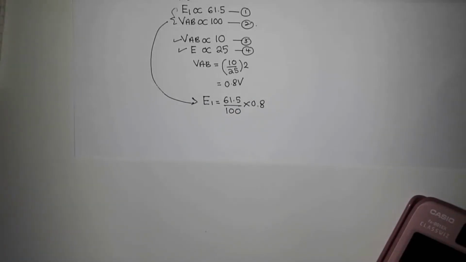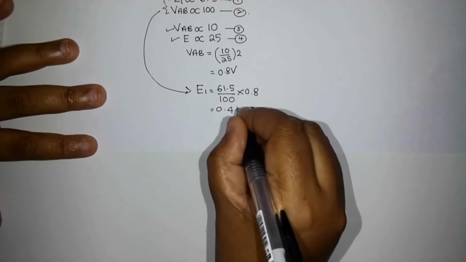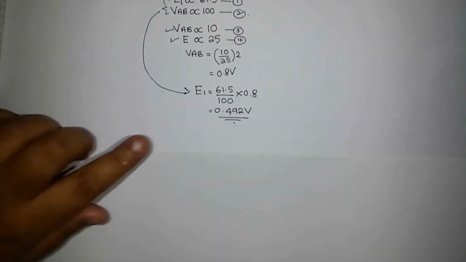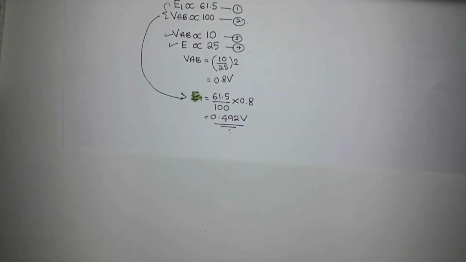So I get my voltage as 0.492 volt. Okay, so this is for A. A is supposed to find E1.